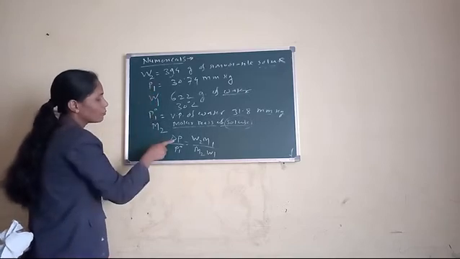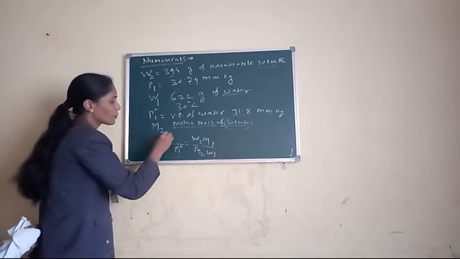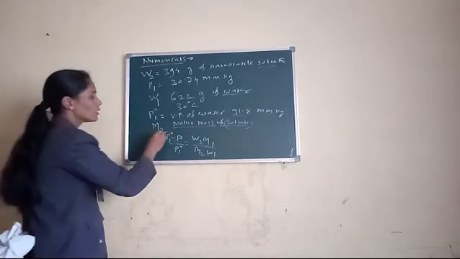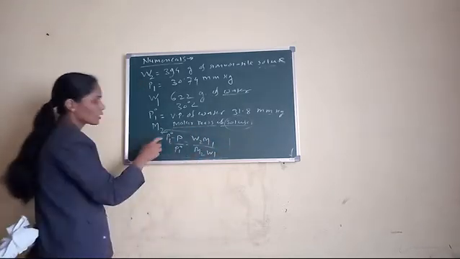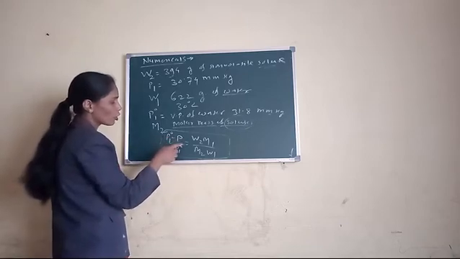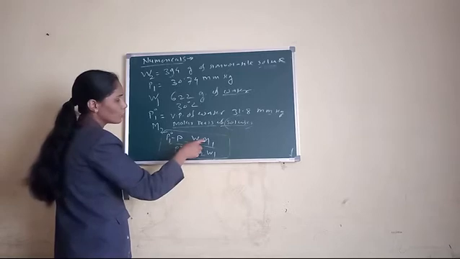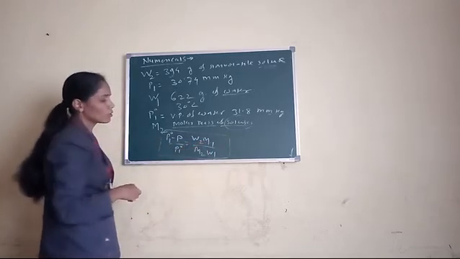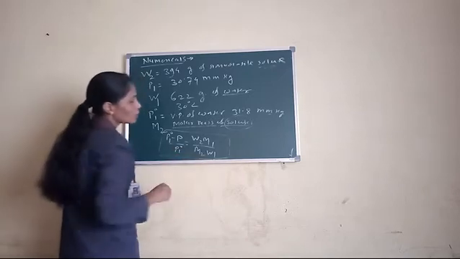Delta P means change in vapor pressure, that is P1 naught minus P. So P1 naught minus P upon P1 naught is equal to W2 into M1 upon M2 into W1.